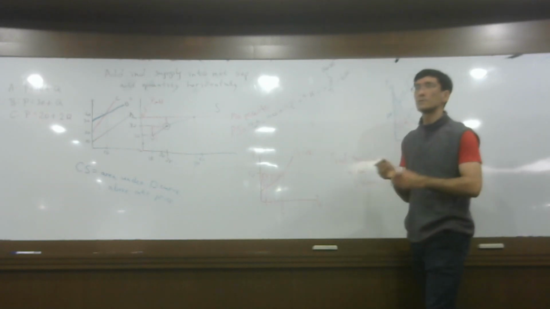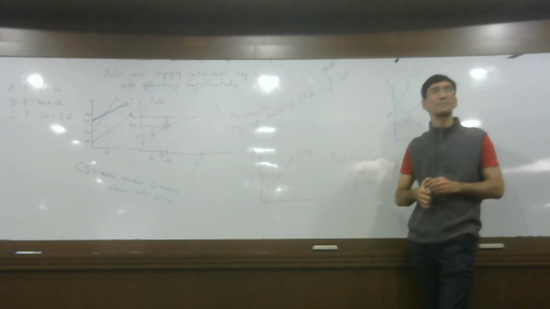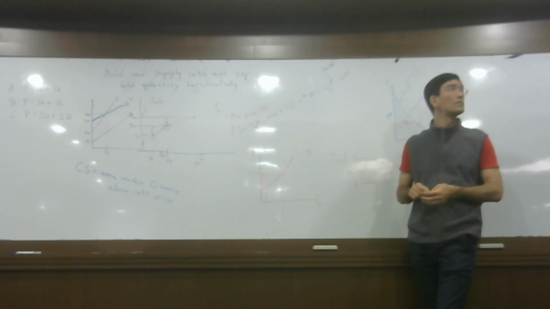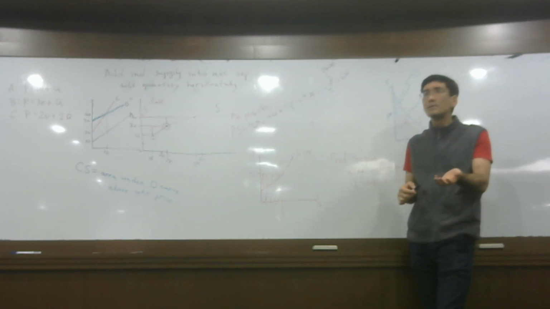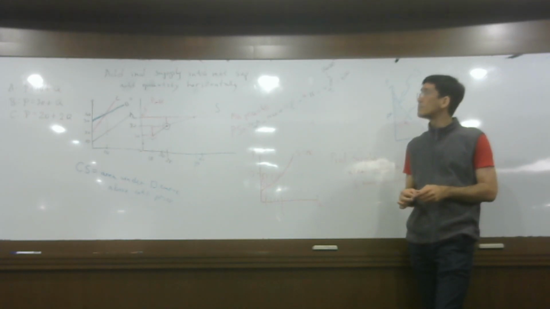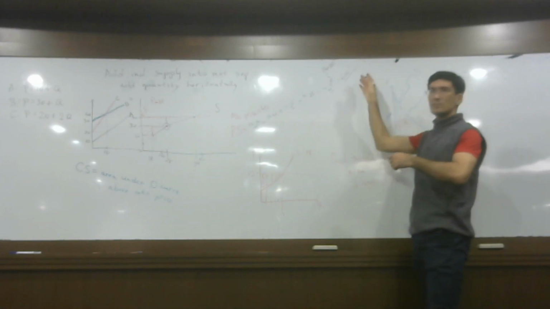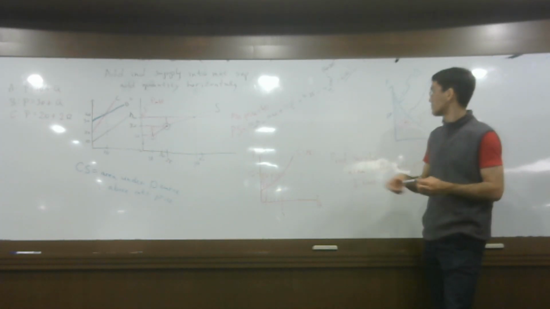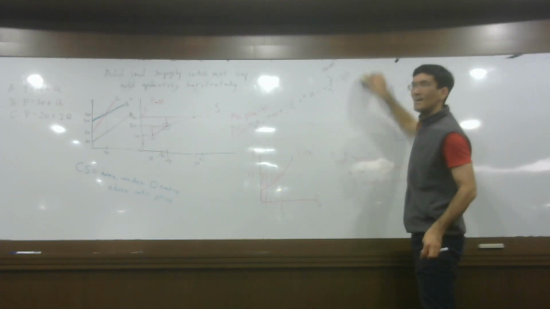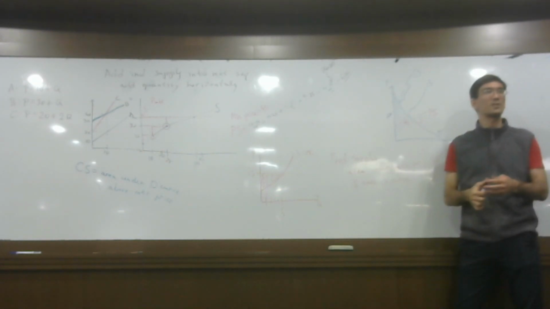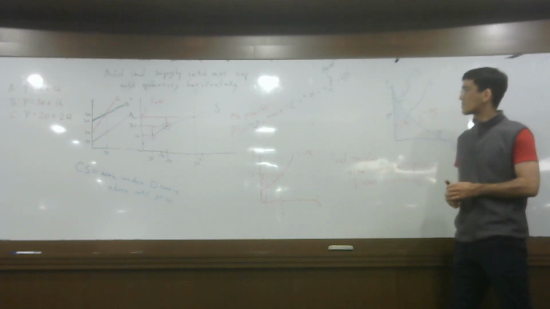I'm getting 600. Is that right? Anyone? So I'm going to put a question mark here, which means that you got to double check my numbers. But okay, that's correct.